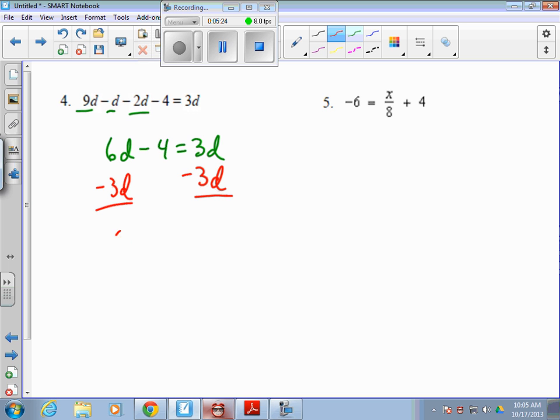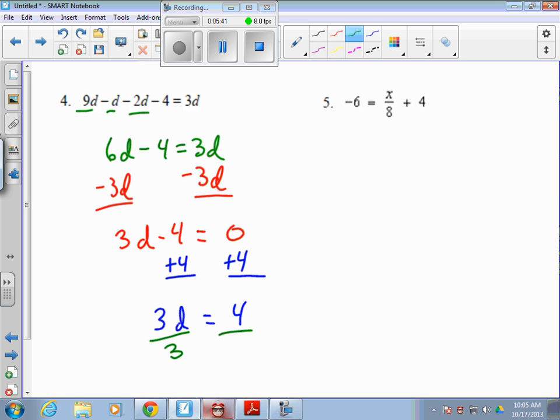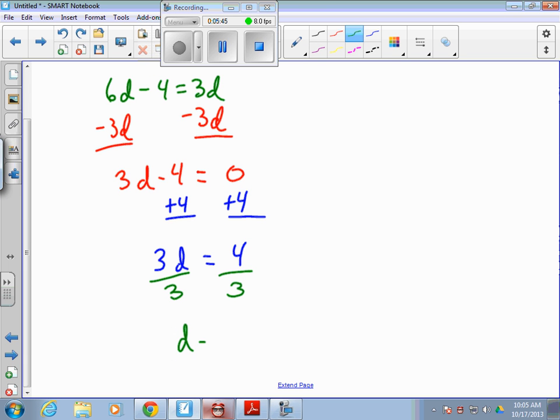It leaves you with 3d minus 4 on the left equals, there's nothing left on the right now, so 0. Then get rid of minus 4 by adding it to the left. Do the same to the right. 3d still on the left equals 0 plus 4 is 4. Get rid of 3 times something by dividing by 3 on the left and the right, and d's value equals 4 over 3.